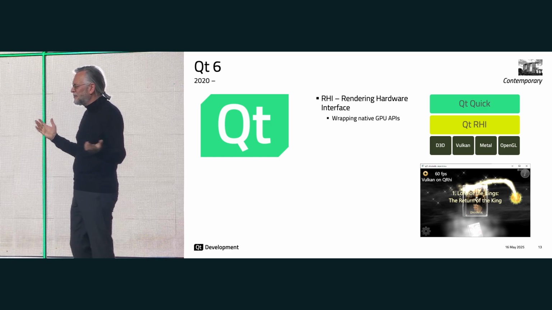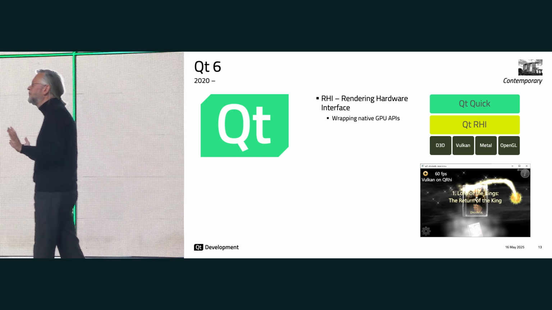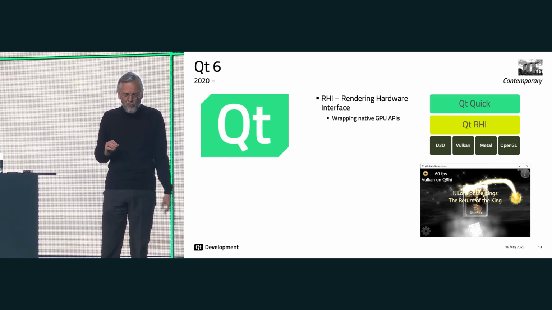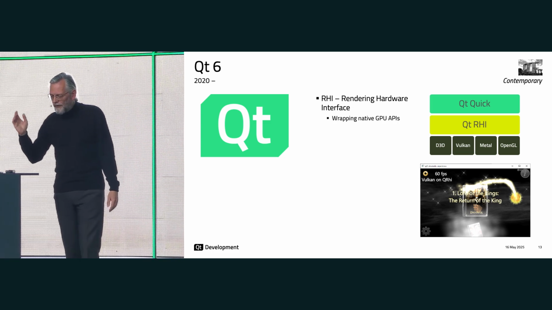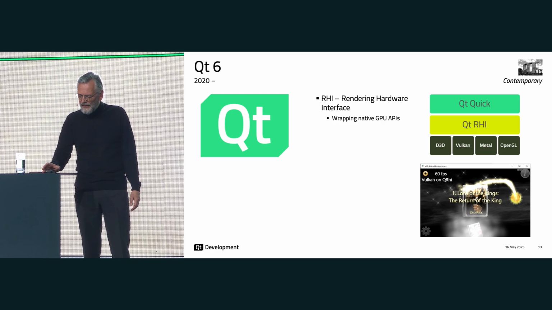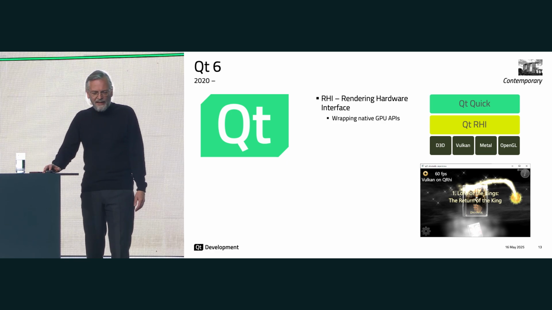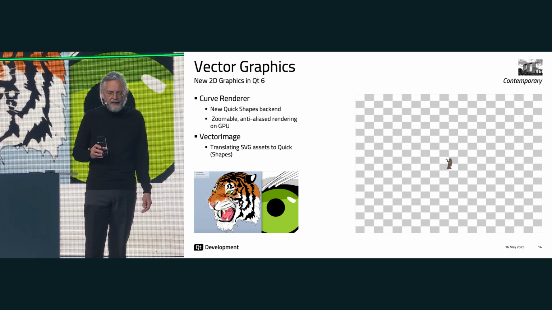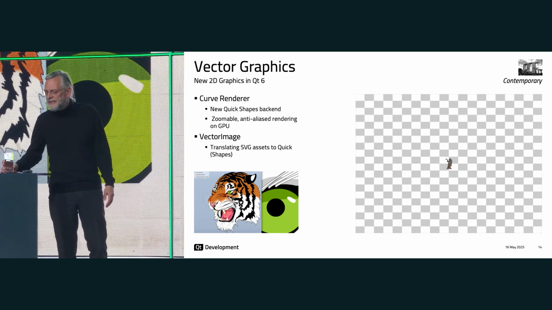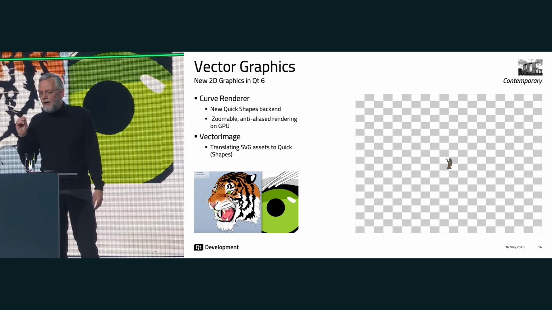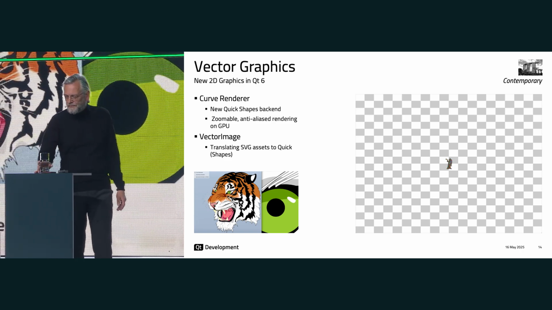So this then became Qt 6 with a lot of new functionality that I'm not going to talk about, since we're only here focusing on the 2D graphics. And as for 2D graphics in Qt 6, the focus there has very much been on vector graphics.